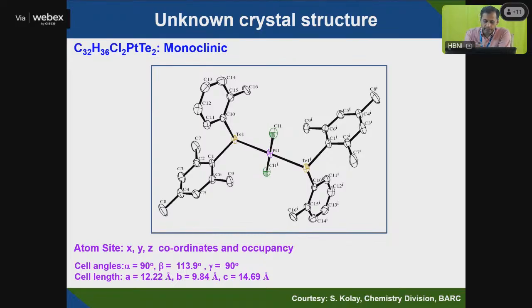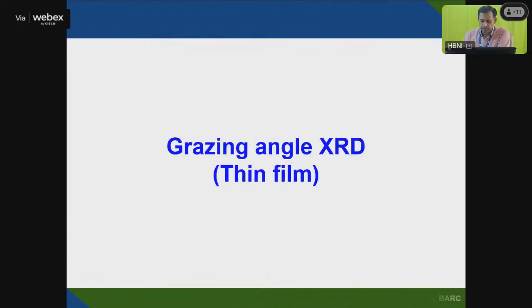From the pattern you get the electron density. Platinum has a high electron density, then tellurium, then chlorine. Depending upon the electron density, you can identify those elements and finally predict the structures.